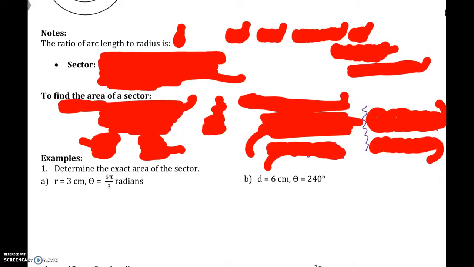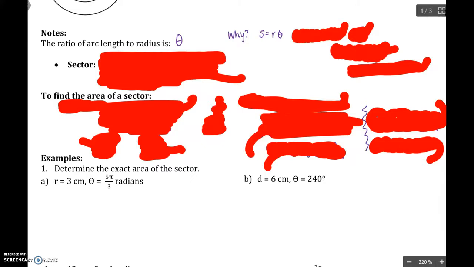So, for starters, one idea that we need to talk about is that the arc length of any circle and its radius is in a specific ratio. There's a relationship between them, and that relationship is that they would equal theta. The reason for that is this formula we talked about yesterday.